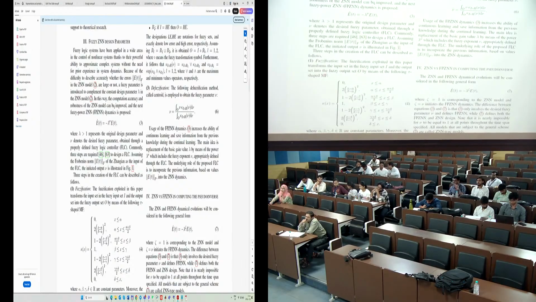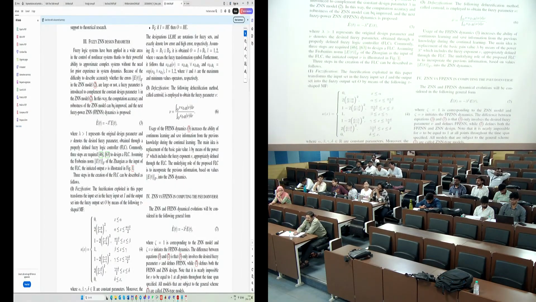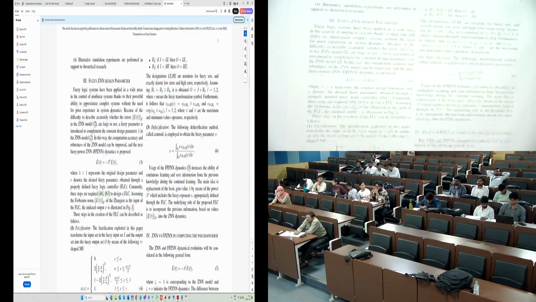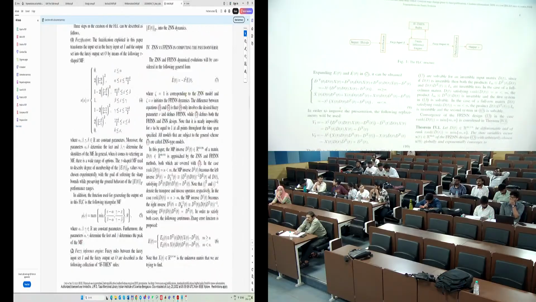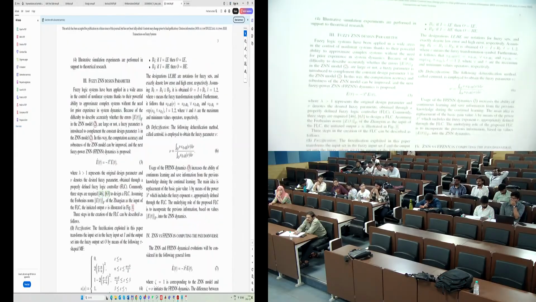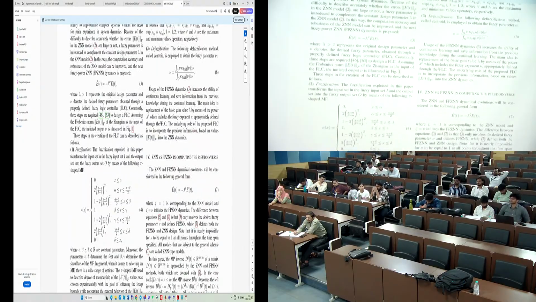A P-shaped membership function is used for fuzzification, and we put the norm of E of t inside the fuzzy logic system. Then the if-then rules, then the defuzzification.